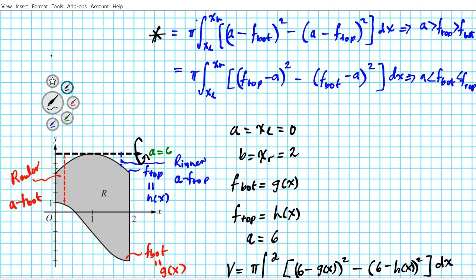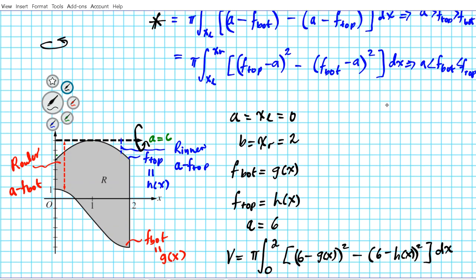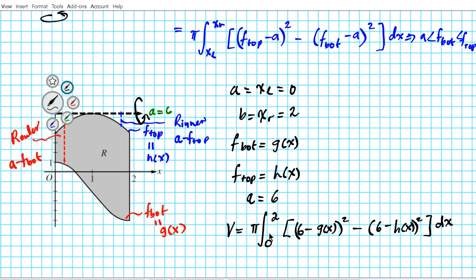If you are rotating in the direction of your y-axis, then everything will have to be in terms of y. Very, very important. But in this case, we have a rotation about a horizontal line, which is in the direction of the x-axis, as specified in the formula. So that is why everything is in terms of x, x, x, x. All right? So that is the answer to question number 5C.